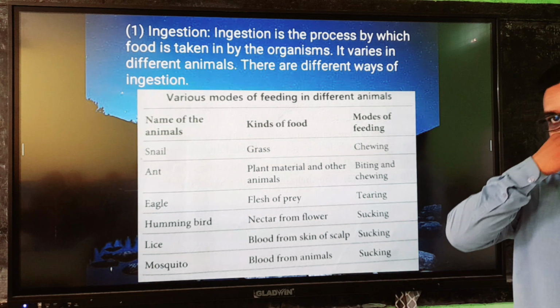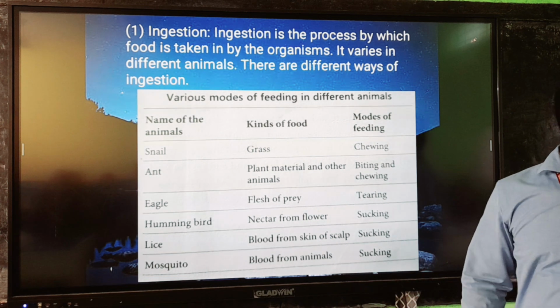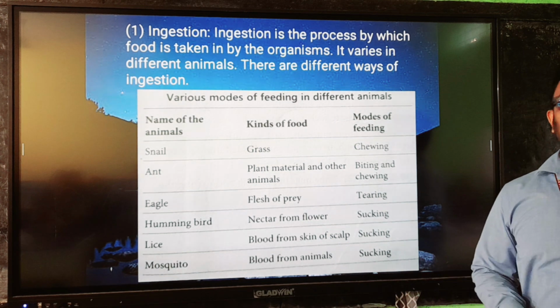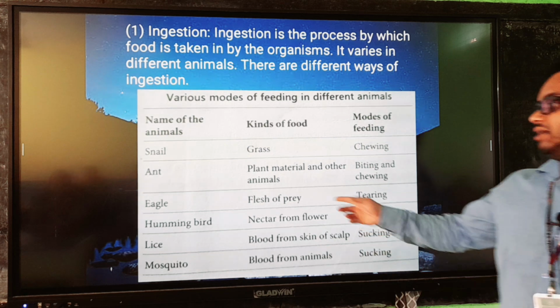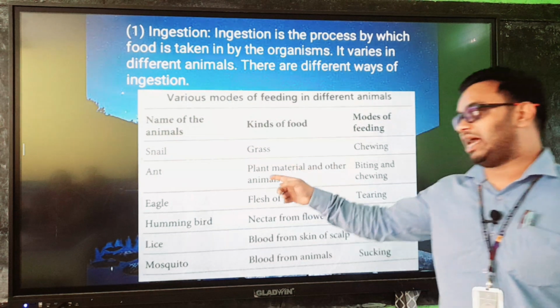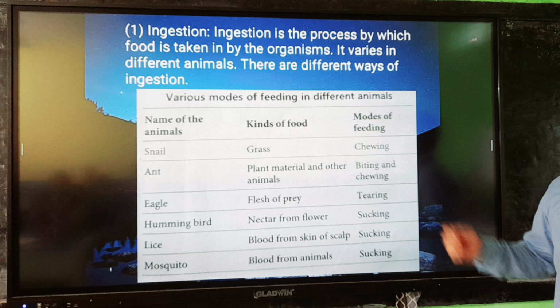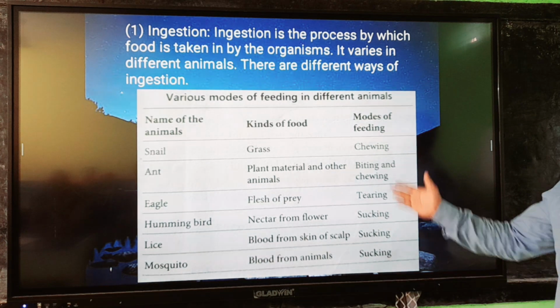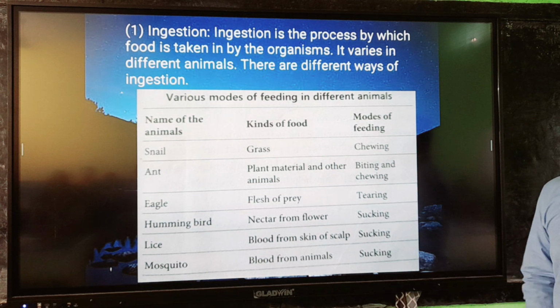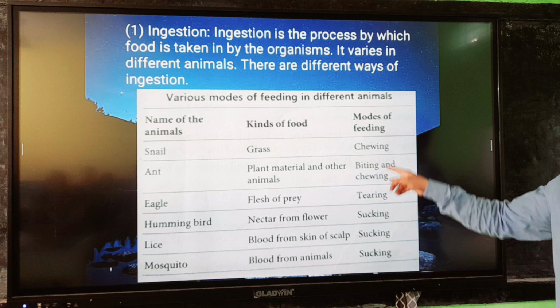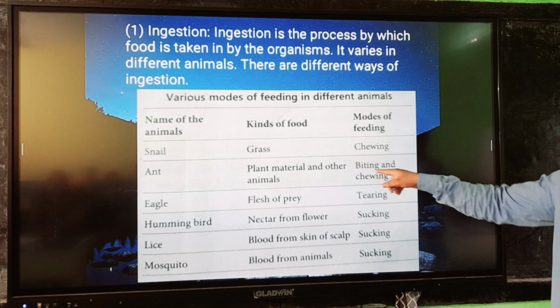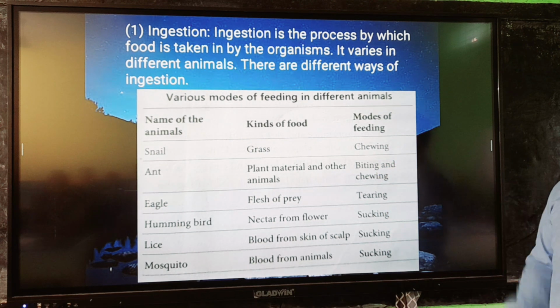Ant is very common. You can see red colored ant and black colored ant. You have seen or not? But ant, what is their food? The food for the ant are plant material and other animal products. The animal products they will eat, and biting and chewing is their mode of feeding.